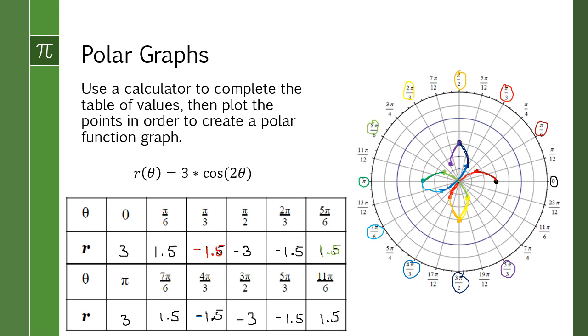And to finish it off, I've got one more point at 11 pi over 6, radius 1.5. So I'm going to go 1.5 spaces directly towards the 11 pi over 6 and connect this back to my previous point in purple. And now you can see the shape or the pattern of this graph. It's like a little 4-leaf clover or 4-pronged star kind of shape.